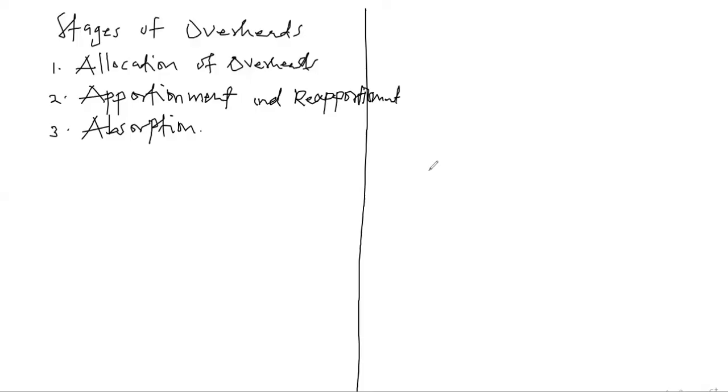So that is it. I hope this is clear. If you are not getting it, just put it in the comment section and I'll attend to that. Then let's move to overall apportionment.